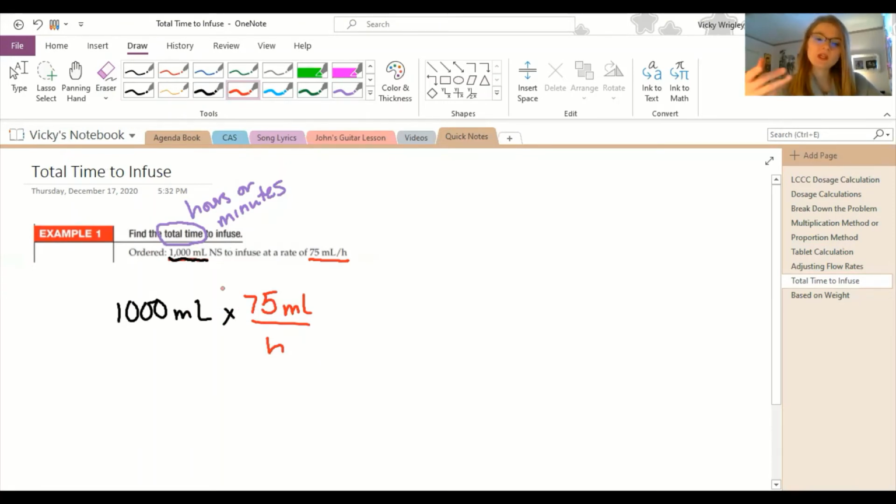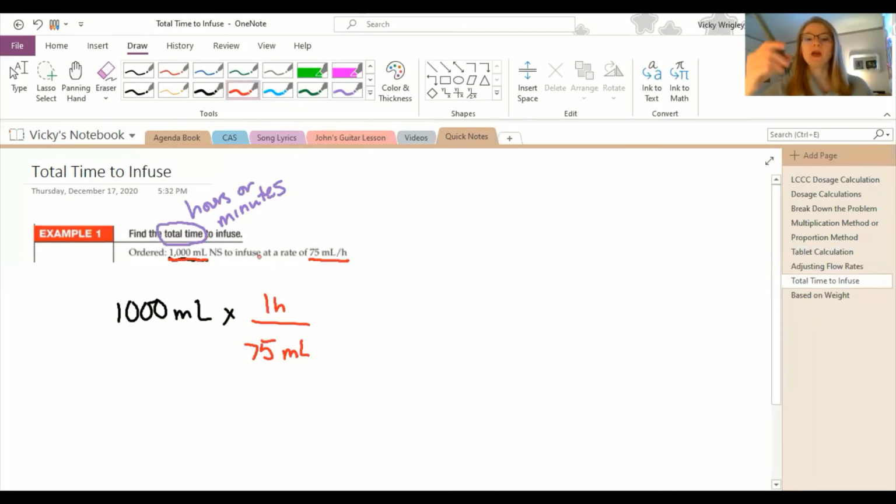And that's important. We need those units to cancel so that we're just left with hours. So rather than write it this way, we can flip it. And this is perfectly mathematically legal. You flip your conversion factor, because all you need is the relationship between milliliters and hours to get you from milliliters to hours. That's all you need.